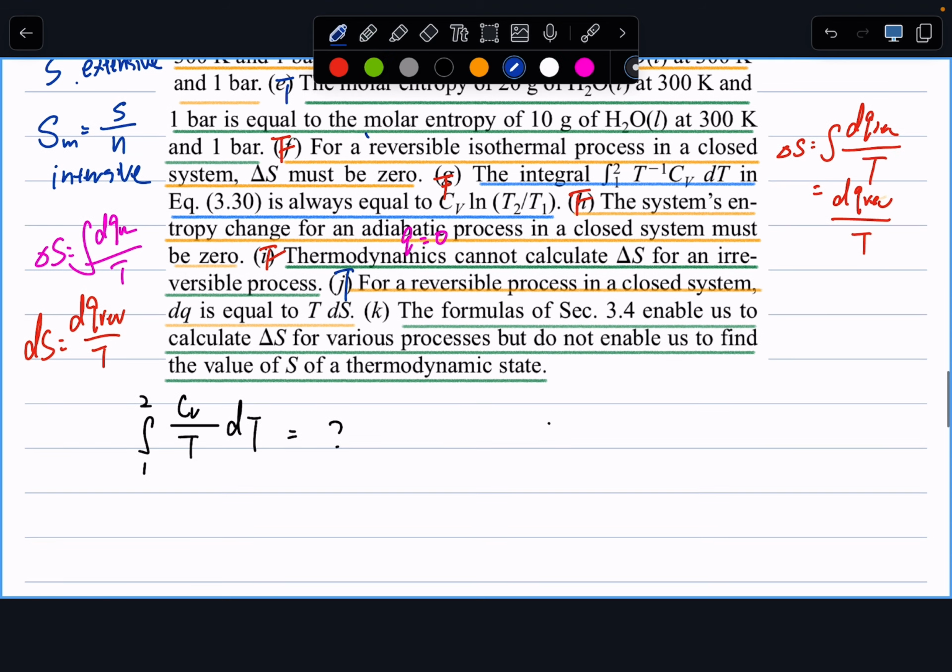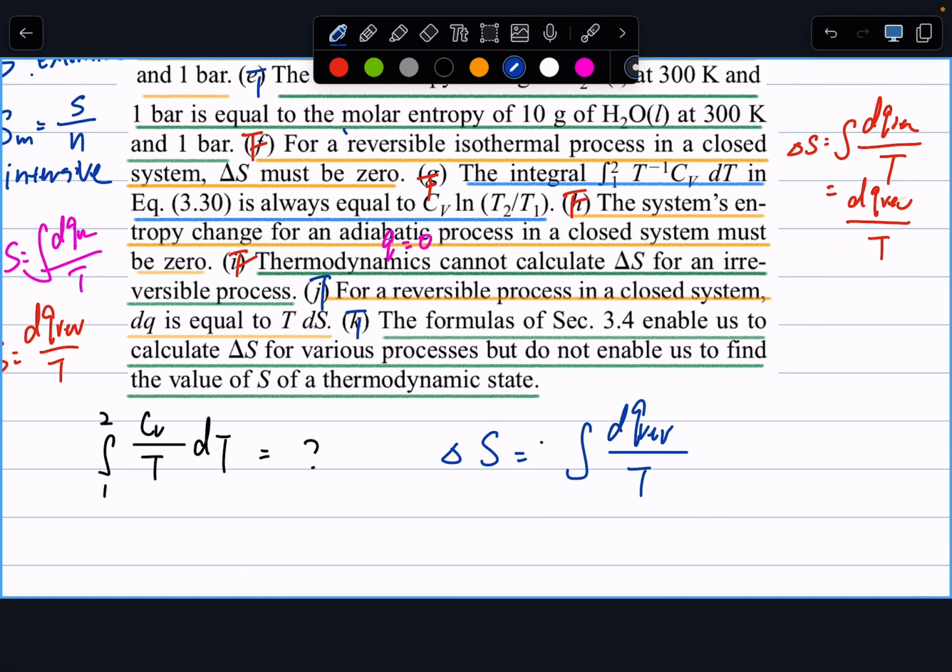For everything we're doing, we're always talking about delta S equals the integral of dq reversible over T. We don't know what we're referring to because we haven't given zero entropy a definition. We'll do that in our third law of thermodynamics. There, we'll give zero entropy a firm definition, and then we'll be able to talk about absolute entropy.